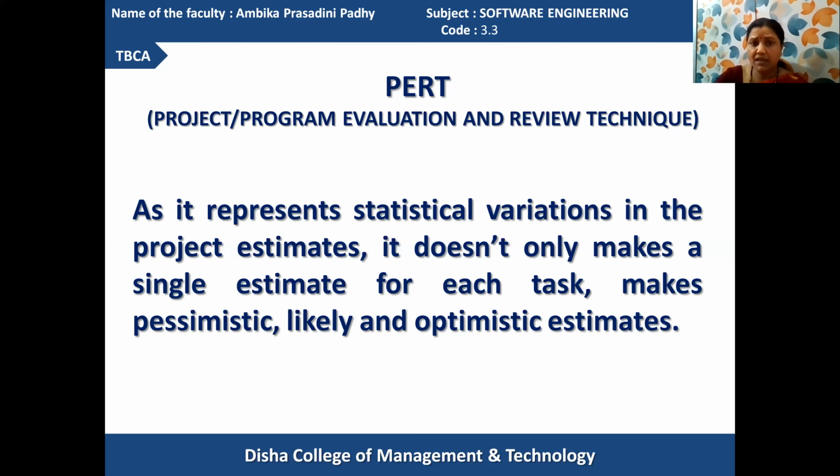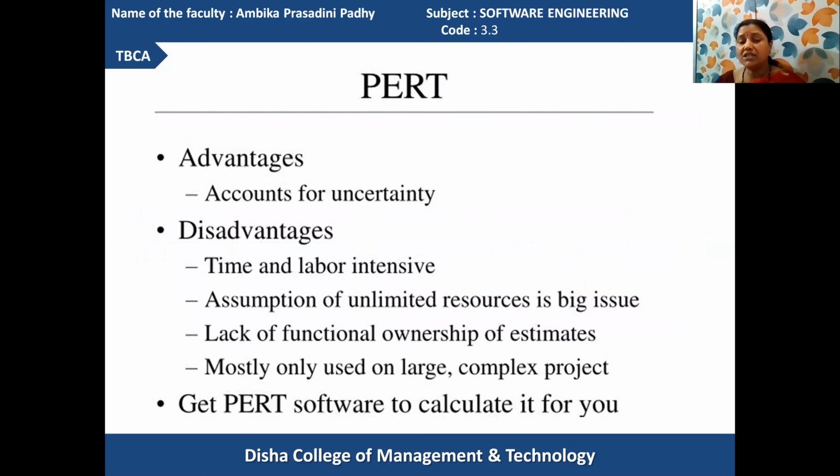Let us see the advantages and disadvantages of PERT utilization. When we perform PERT, it accounts for uncertainty. If a particular estimate is uncertain, then it can be highly beneficial for identifying the possible requirements: what may be the optimistic value requirement, and what may be the pessimistic value requirement.